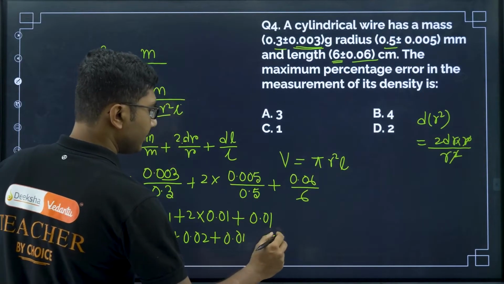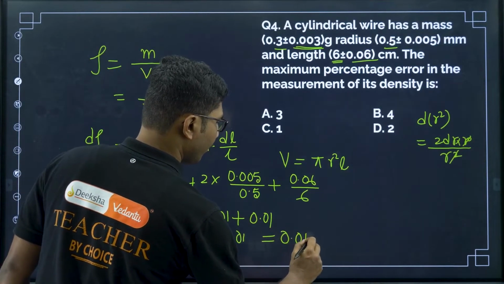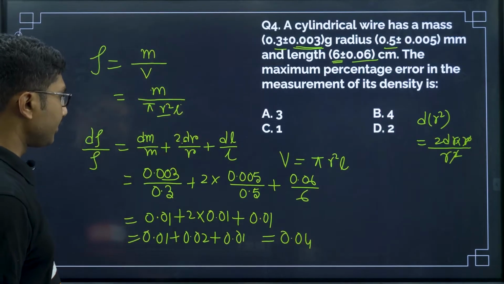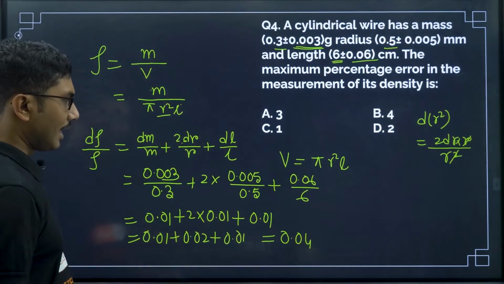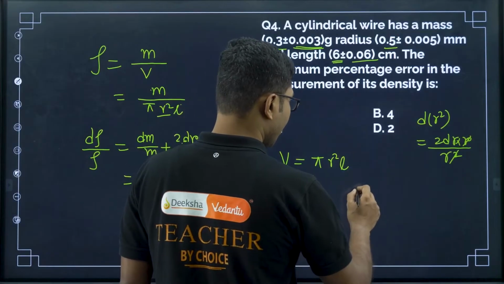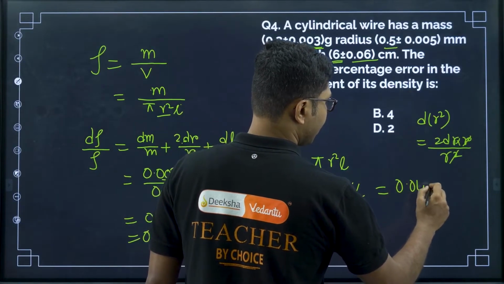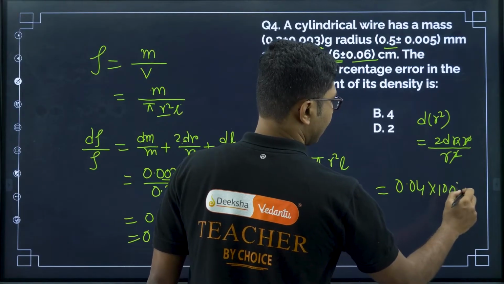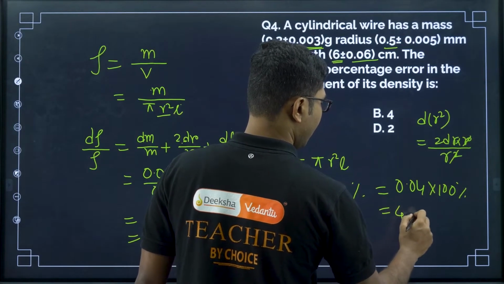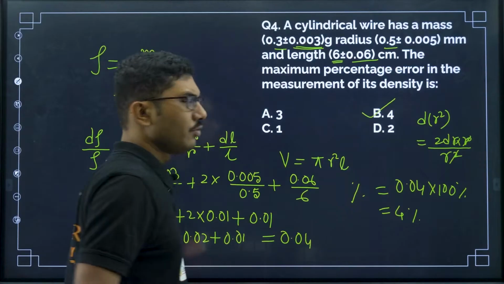So you will get 0.04. So what is the percentage error? The percentage error is 0.04 times 100%, so it will be 4%. So the correct answer is 4.